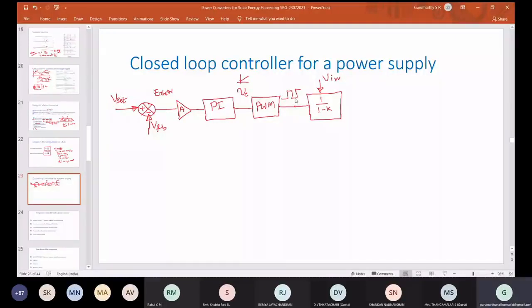So V in will be modulated with this PWM. This is actually a multiplier block: V in into 1 divided by 1 minus k. That is the property of the boost converter that we have just discussed. So the boost converter output is VO.